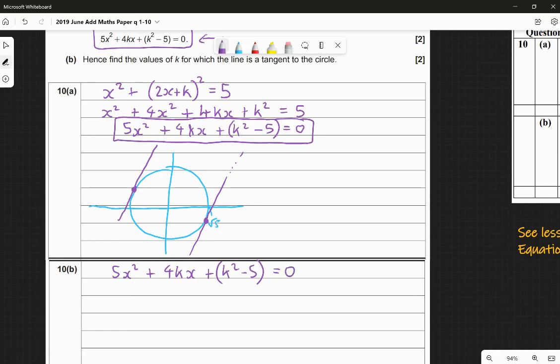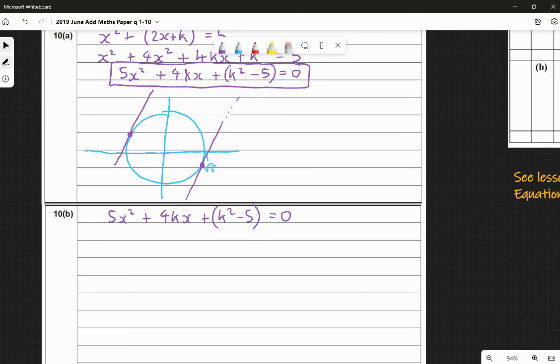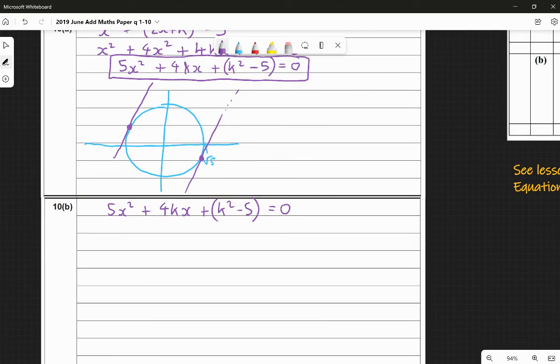If a quadratic has only one solution, then the discriminant, the bit underneath the square root in the quadratic formula, will equal 0. So the b squared minus 4ac part will equal 0. Here, my a is 5, my b is 4k, and my c is the bit in brackets, the k squared minus 5. So the discriminant is b squared minus 4ac.